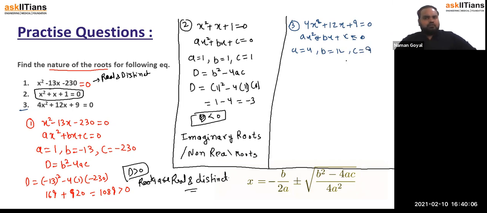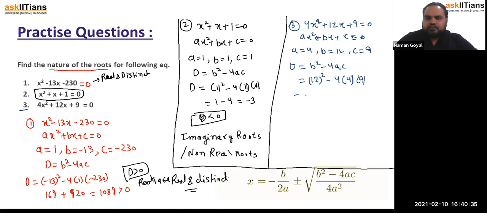Okay, so the value of D we know, which is b square minus 4ac. So it is b square is what, 12 square, minus 4, a is 4 and c is 9, right?